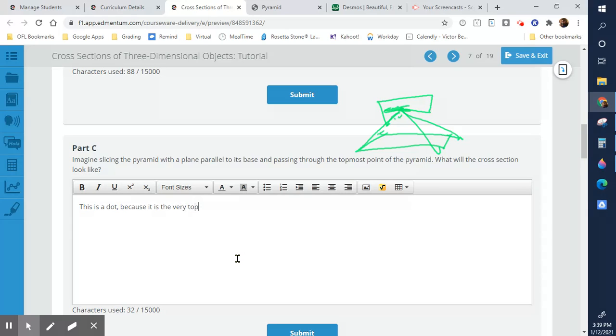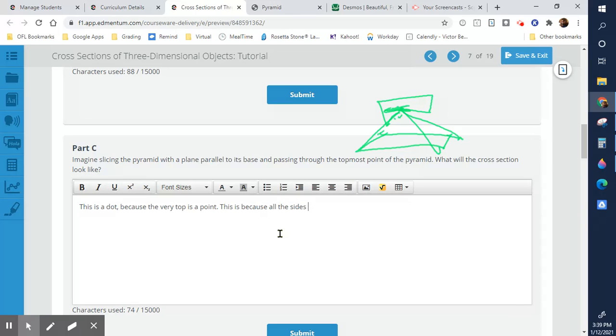The very top is a point. So it looks like a dot in the cross section because it's only a little point. It's not flat up there. They all meet at the point, right? This is because all the sides meet at a point.